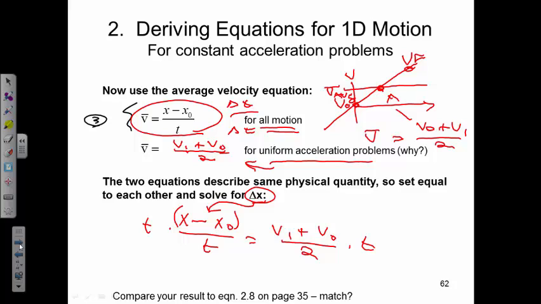What I end up with is delta x equals v1 plus v0 over 2 times t, where t represents delta t, since we typically start at 0. You'll notice on our list of equations, I think this is equation number 9 that we just worked out.